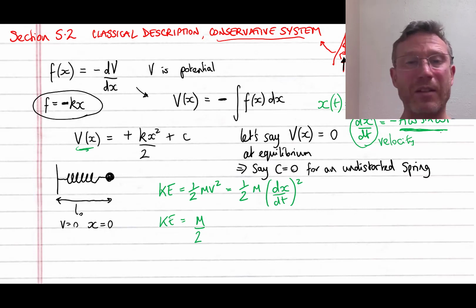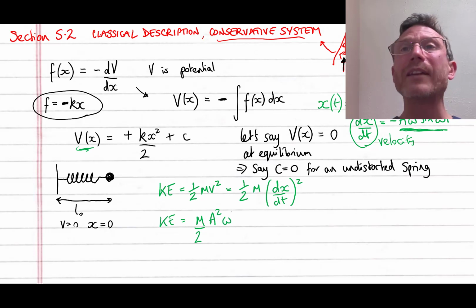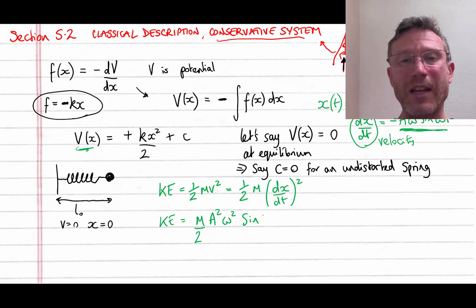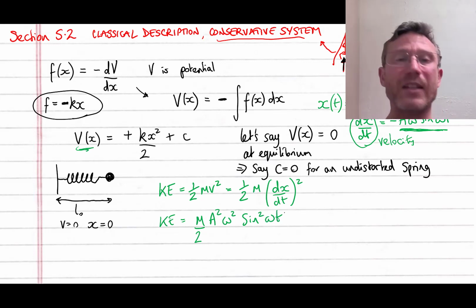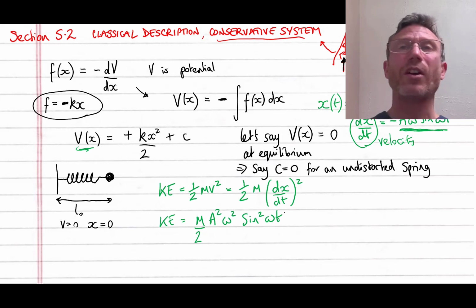So the minus times minus becomes plus, a squared, omega squared, and then of course the square of sine omega t is sine squared omega t. And so this ends up being our kinetic energy term.